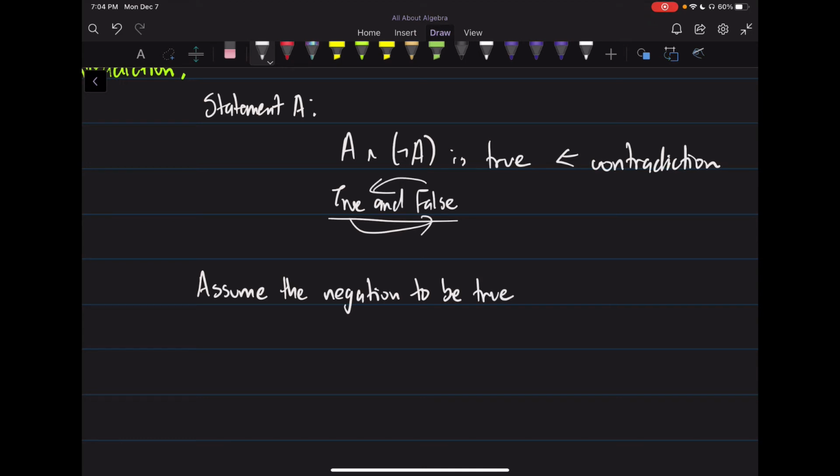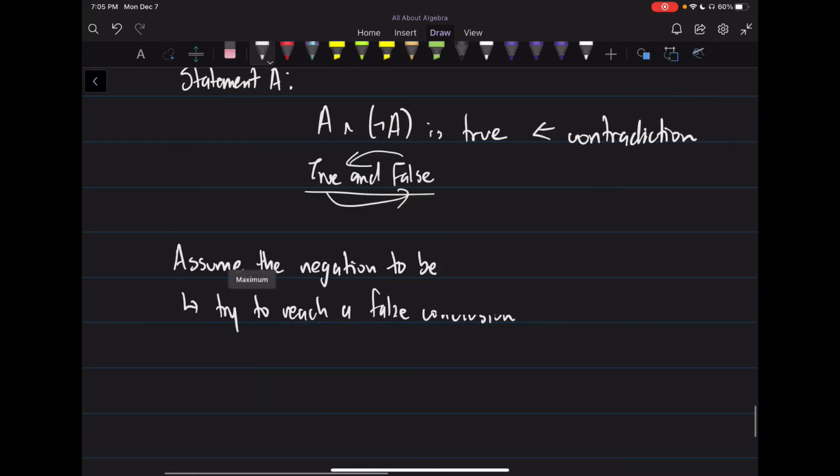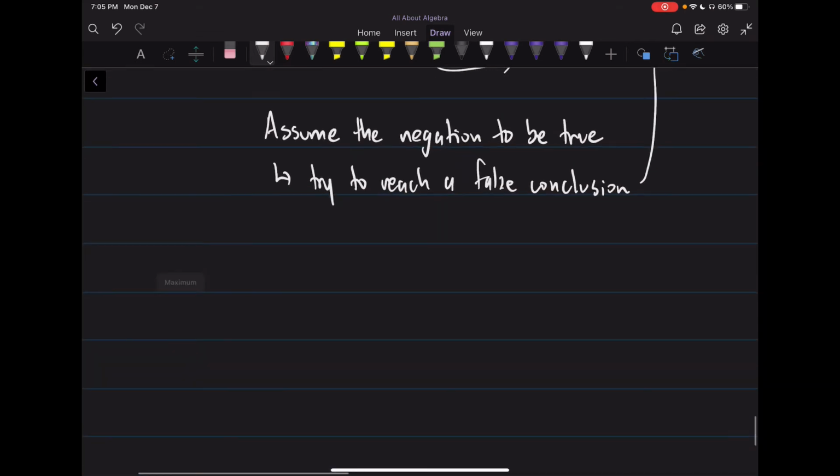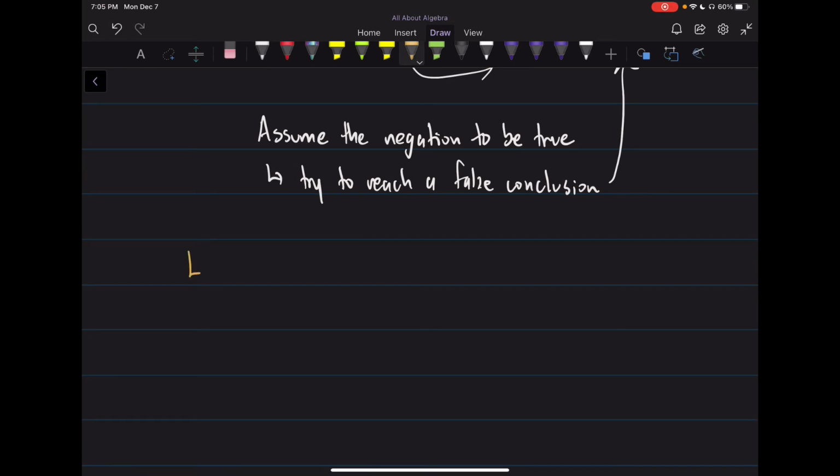So assume that the negation of the statement is true, and then try to reach a false conclusion. So try to reach something that will end up negating out or contradicting your basic mathematics or your statement.